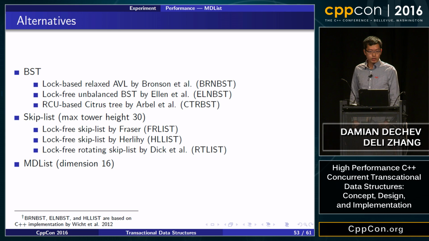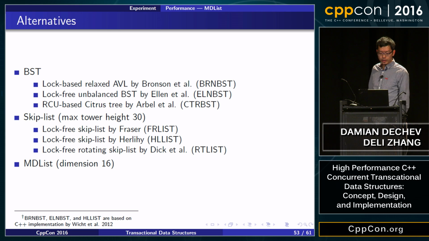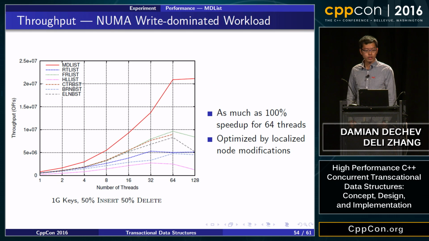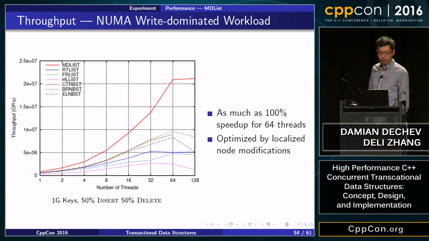So for the MDList-based dictionary, we compared against the lock-based and lock-free and RCU-based BST. We also compared with the 3 lock-free skiplist implementations. Now, this graph here shows the throughput of all the maps with 1 billion keys and 50% insert, 50% delete operations.